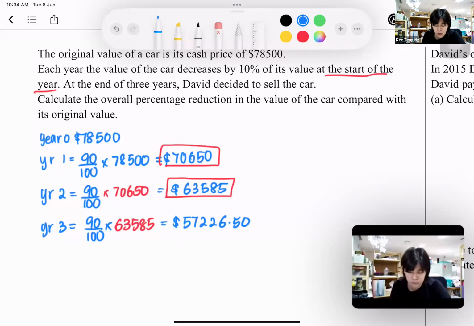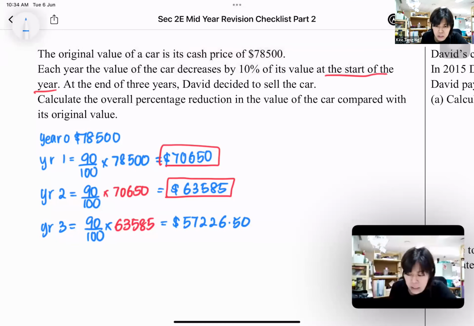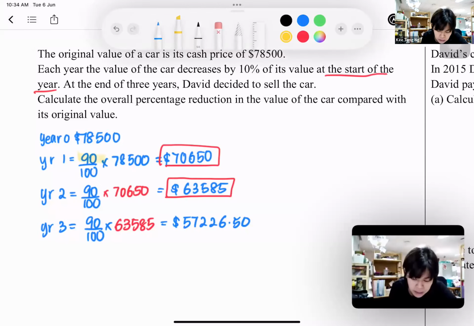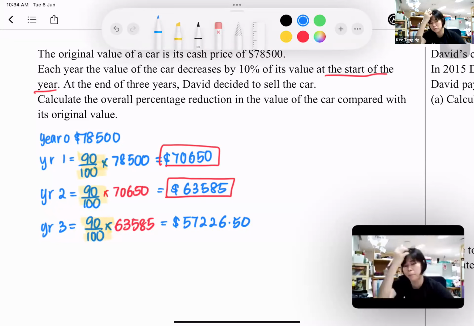I think so. Okay, but over here there is actually a shortcut. You notice I'm always multiplying by 90%, multiplying by 90%, multiplying by 90%. So this is actually called a compounded effect.